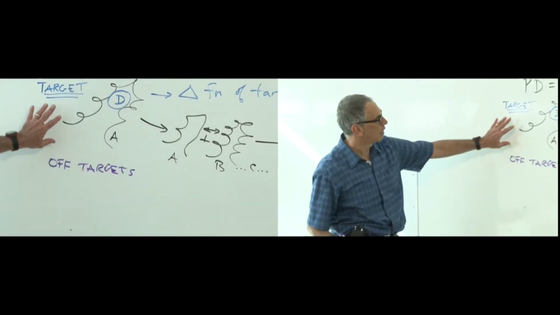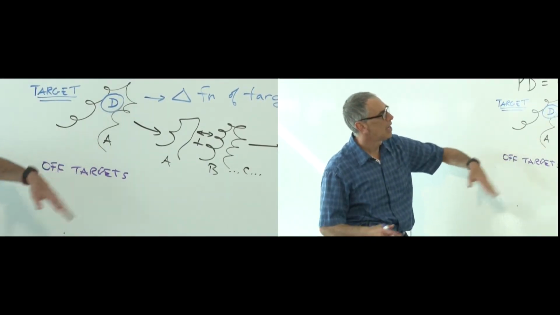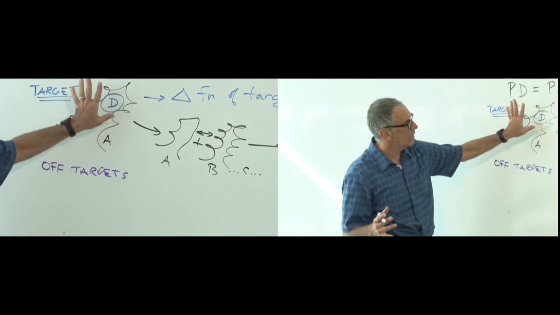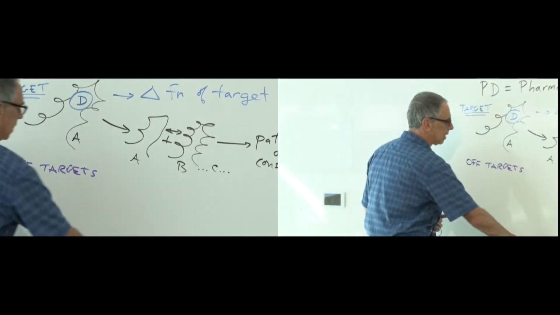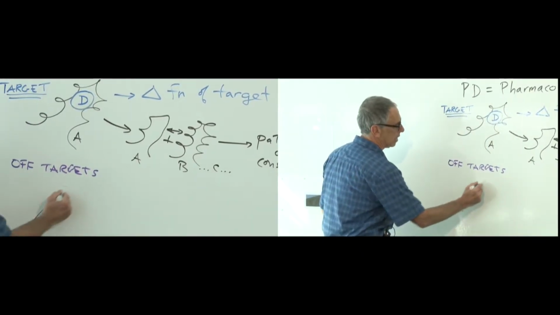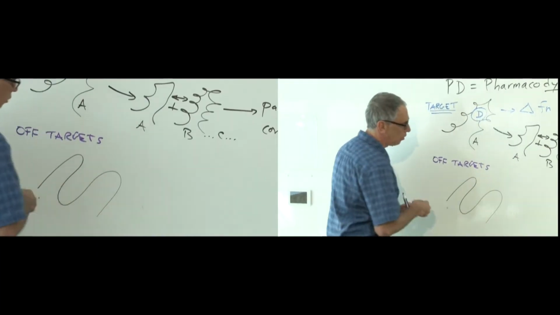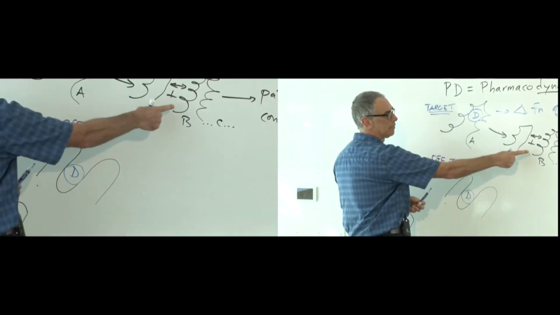So I was talking about how this drug was designed and tested to interfere with A. A was involved with the disease, and so by modulating A, you're helping the disease. But the other possibility is that there's another protein. Let's call it B. Looks different from A, but it also has a pocket, and drug D might also bind. I don't want to call it B because I invoked B before.